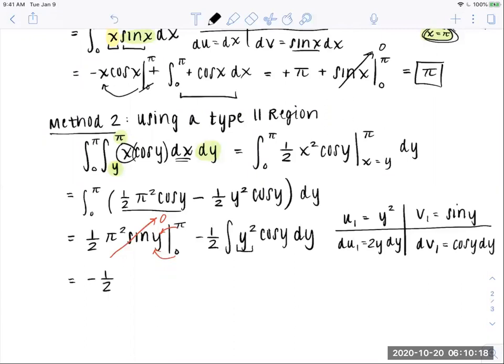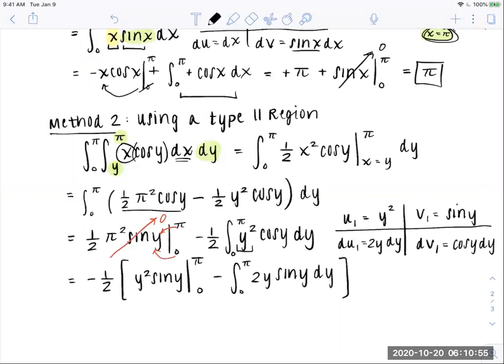I'm going to leave my negative 1/2 out front. Oh, and I did forget to carry over my limits of integration, so I'll add those in. And so I have uv, which is y squared sine of y. Remember to use those same limits of integration, minus the integral from 0 to pi of v du. So I have 2y sine of y dy.